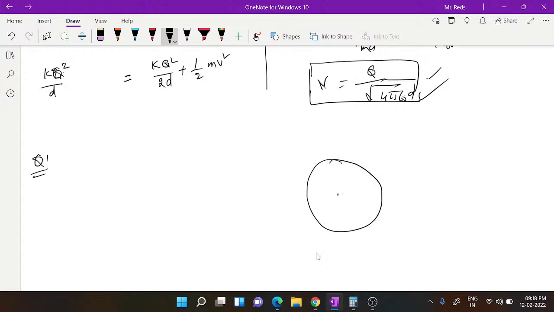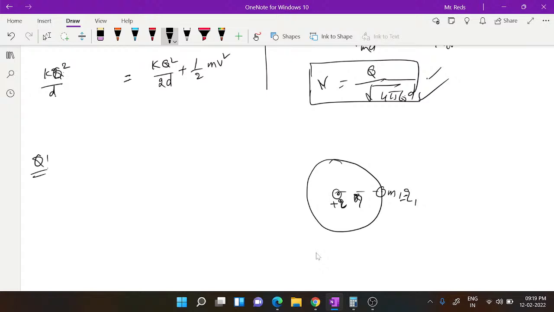It is given that a particle of mass m carrying a charge minus q1 is moving around a fixed charge plus q2 along a circular path of radius small r. Find the time period of revolution of charge q1.